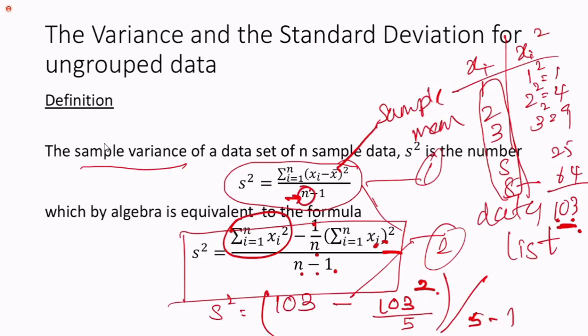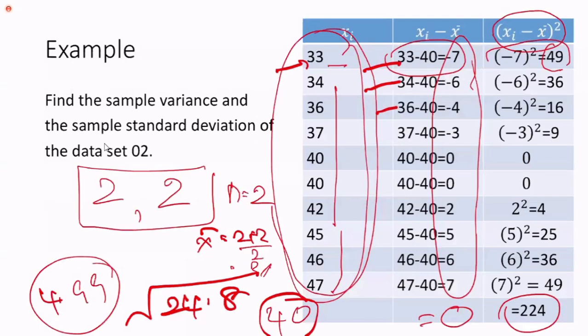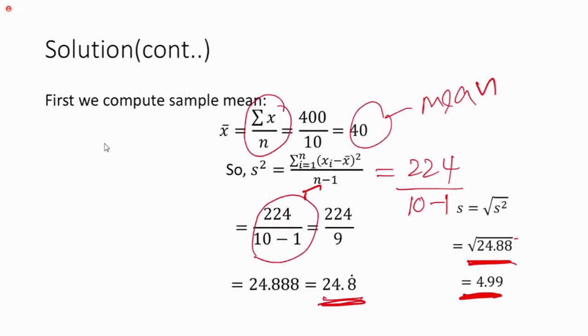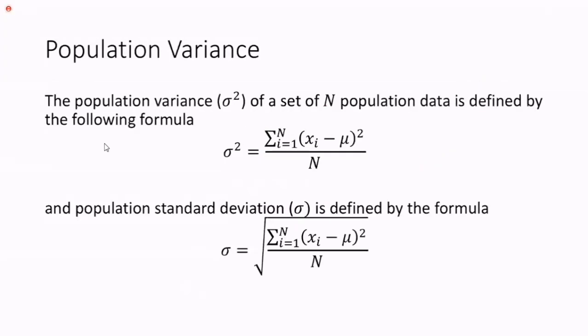But in the population variance formula, we have only capital N, not n minus 1. Previously we had n minus 1, but here we have capital N. And instead of x bar, here we have mu. Mu is what? Population mean.